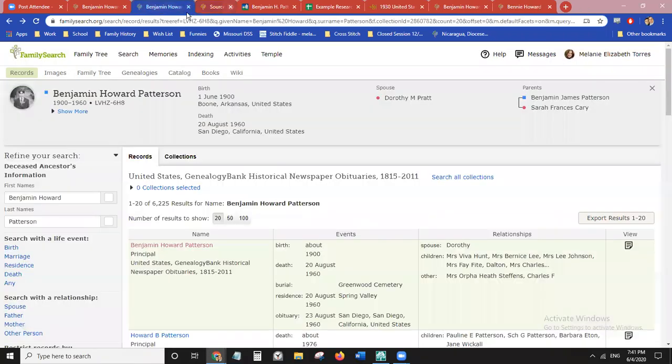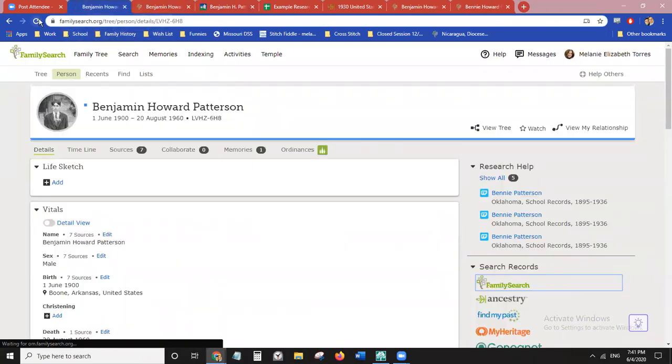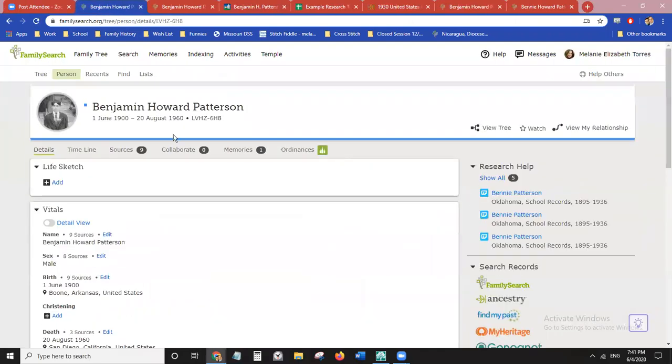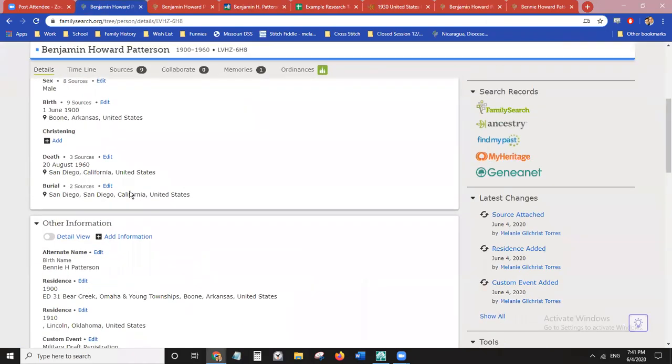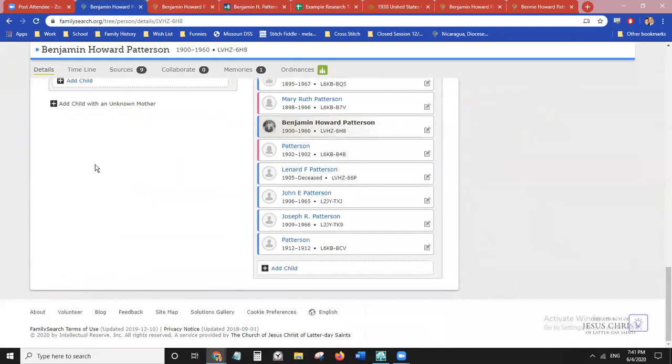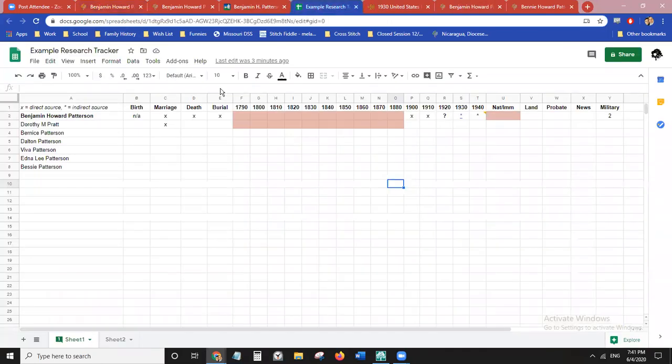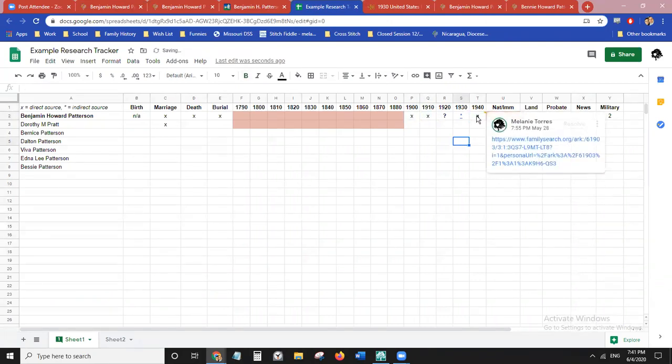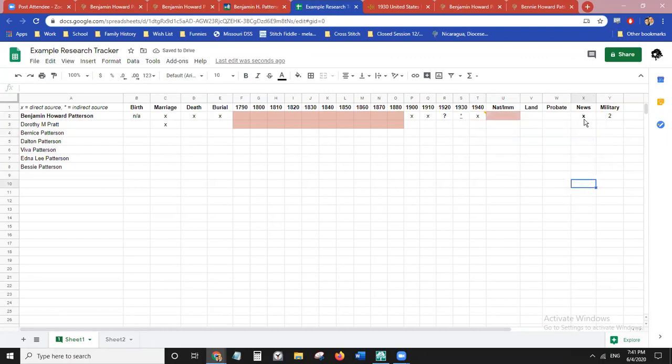So when we refresh our guy here, remember when we started with Benjamin, he had one source, maybe two sources, and we had no good information on his birthday or his death day, and we didn't have any of these people here. But if I look at my research tracker, we've got marriage, death, burial, and we have 3 censuses, 3.5 censuses, an obituary, and 2 military sources.